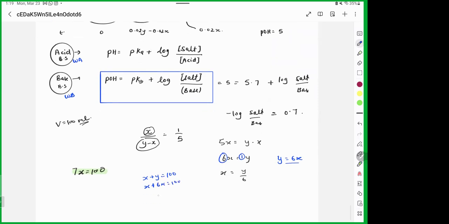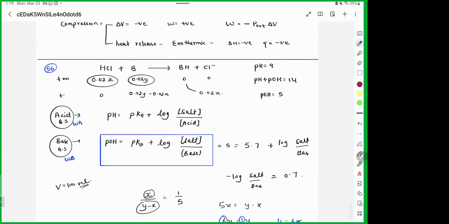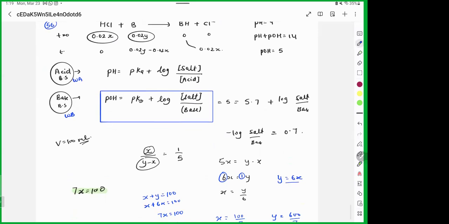Total will be 7x is equal to 100. Right? So what will be x value? 100 by 7. What will be y value? Y value is 6 times x, which is equal to 600 by 7. Correct? The same answer is given here. You understood this well or not?